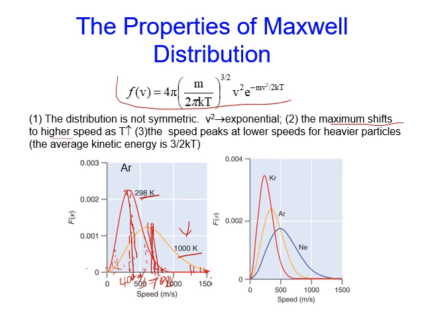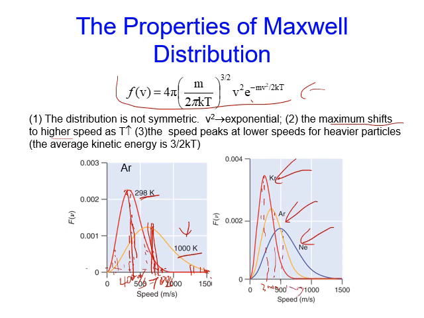Now let's apply this equation to different gases. This is argon gas, this is the one for krypton, and this is for neon gas, using this equation at the same temperature. You can see the most probable speed for krypton is about 300, argon 400, neon about 500.